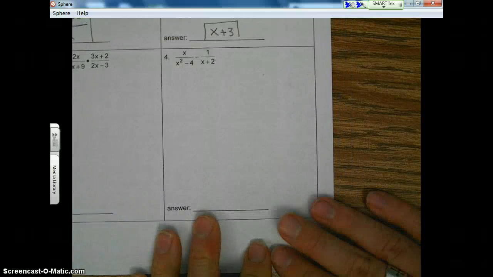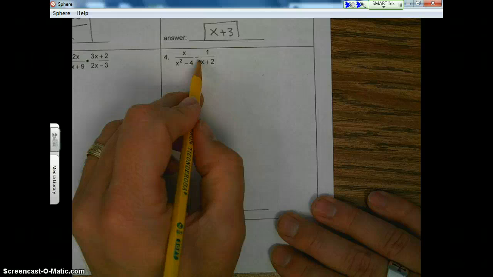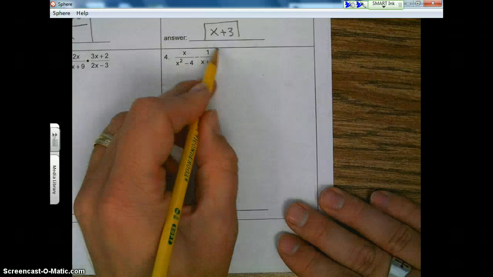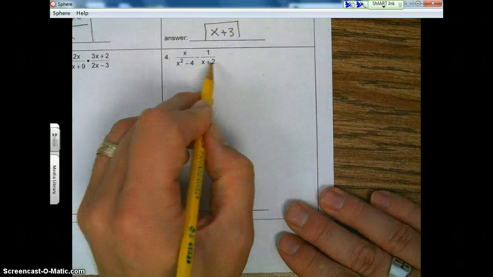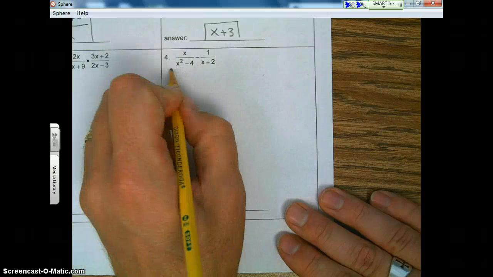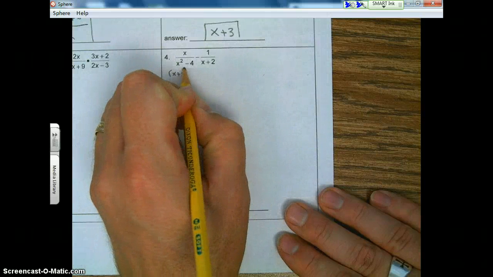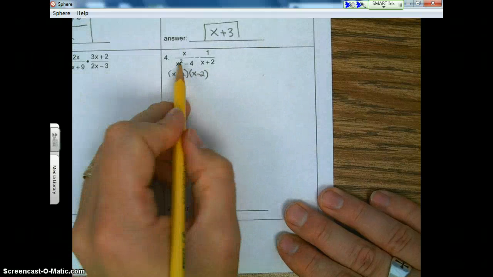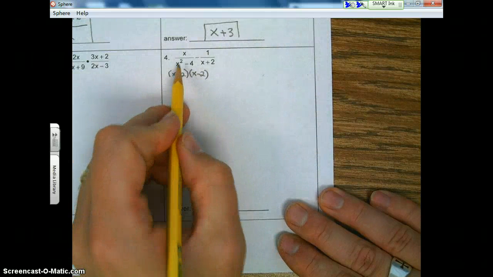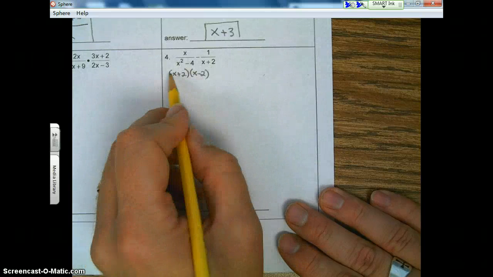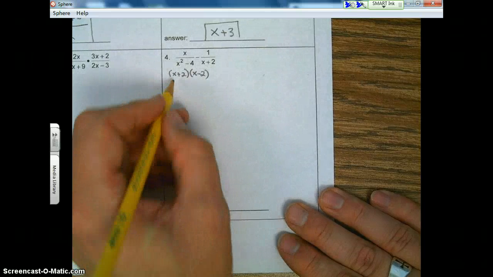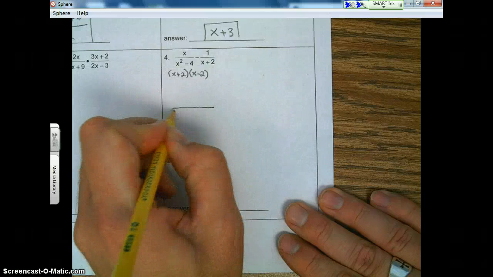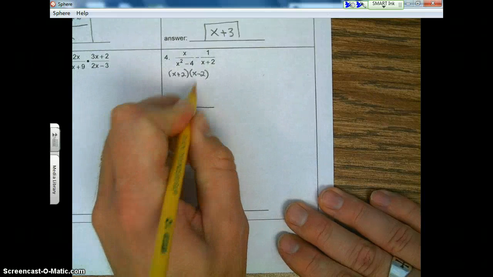Okay, number 4. Subtracting. Now we just went over the rules. Remember, step 1, factor the denominator. So this is going to be x plus 2, x minus 2. Okay? So we're going to need to get a common denominator second. So we're going to need an x plus 2, an x minus 2.